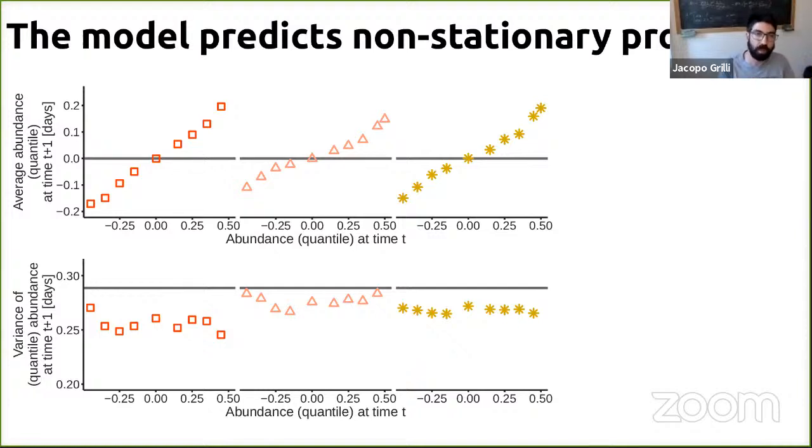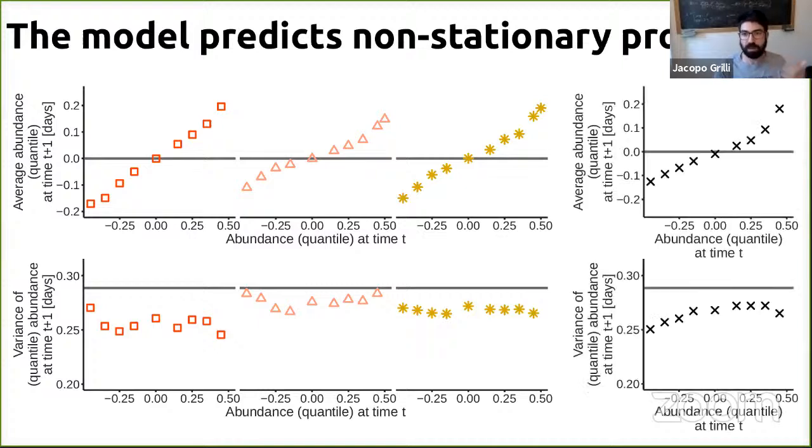You can look at the moments of this distribution, aggregating in a proper way over species, and you find these patterns. The colored points are the data, and the gray line is what you would predict if you scramble the data over time. You see a discrepancy, which means that the data carry information about dynamics, and you find that the model predicts those.